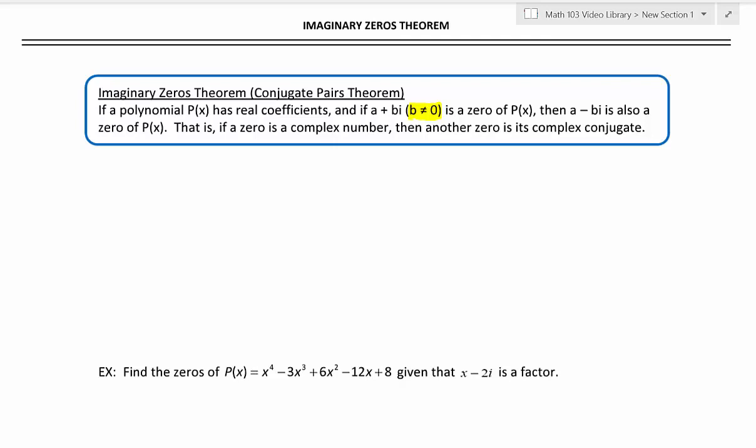Remember that a zero is just the solution to an equation when it's set equal to 0. So what kind of equations were we solving anytime we've gotten imaginary solutions? Well, quadratic equations.